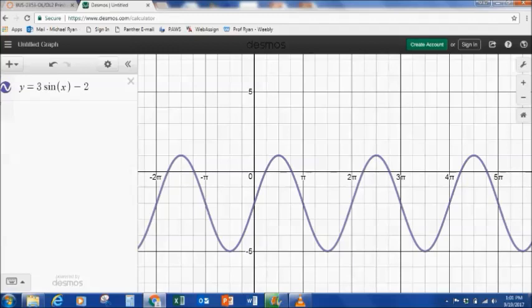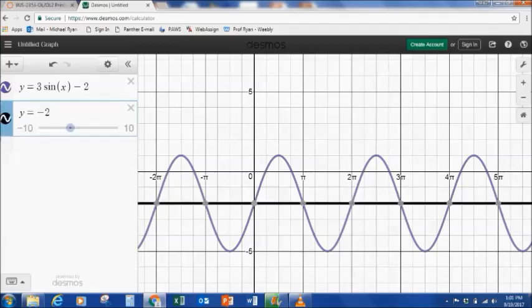And one way that you can find the shift at the end is to go to the middle of it and see where the line in the middle is. Well, here it is. It's at y equals negative 2. Do you see that line now that I just put in? It goes halfway through. That line is the midline, and it is shifted down 2 spaces from the x-axis.